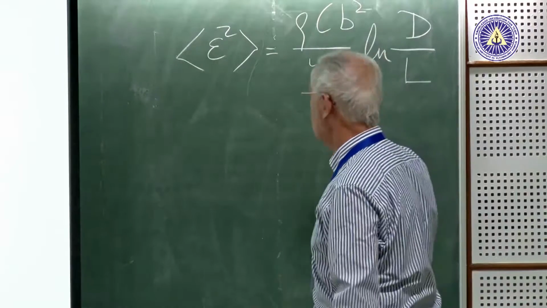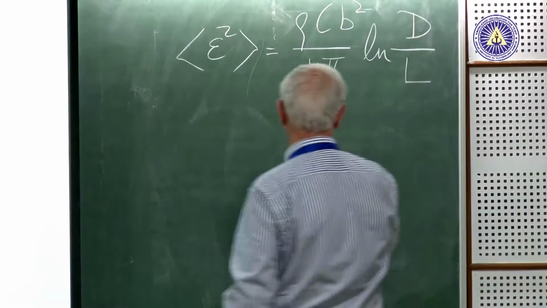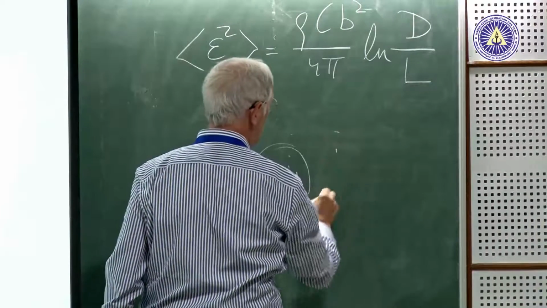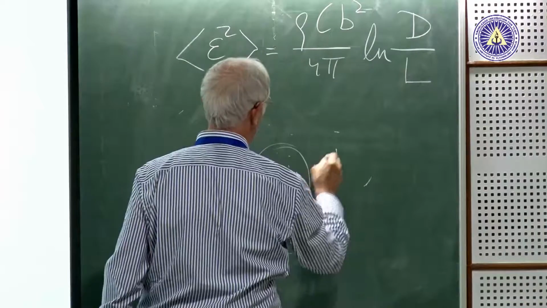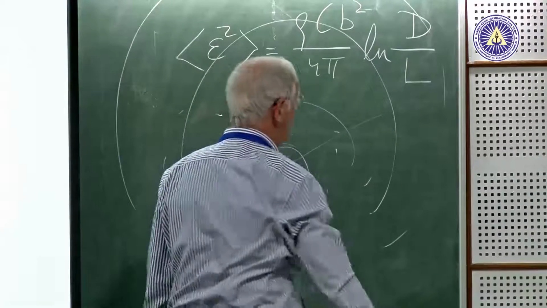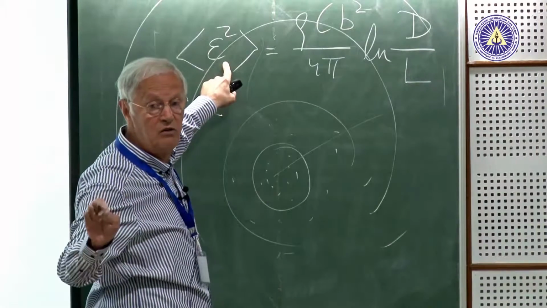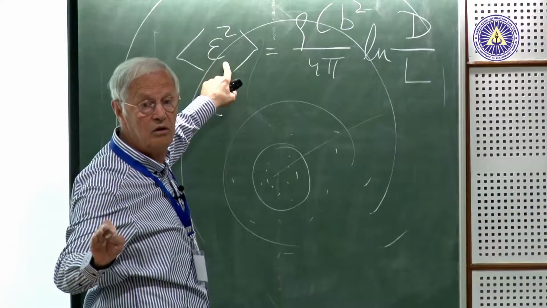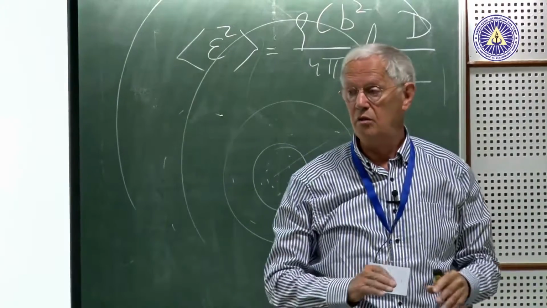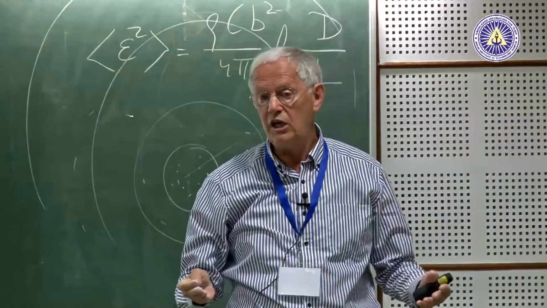And Krivoglass says that d is the size of the crystal. Now, if you start with a crystal that size and you have the same dislocation density everywhere, and you start increasing the size, then the mean square strain is increasing, which is physically a nonsense.